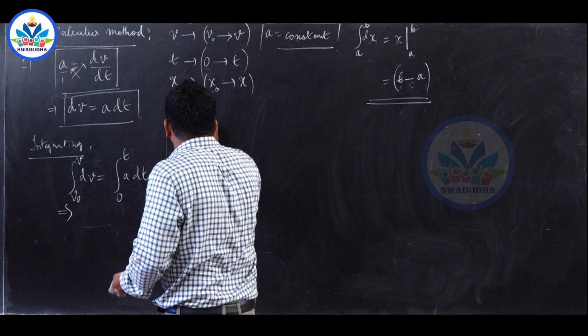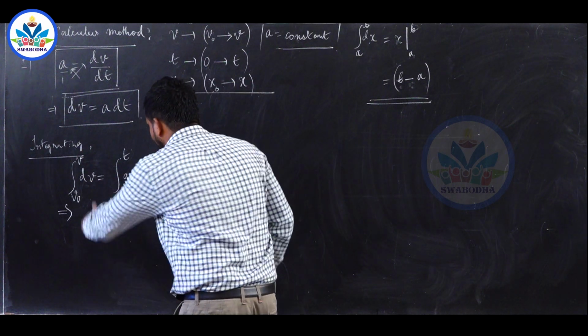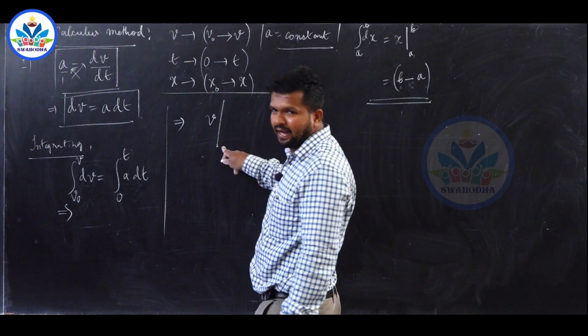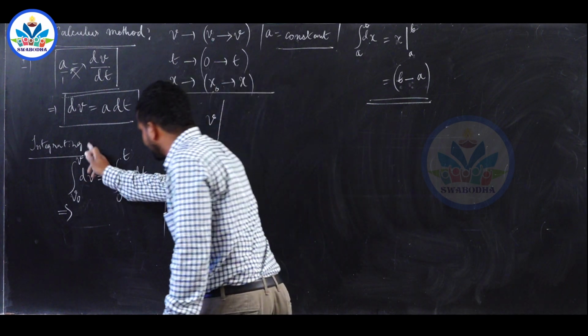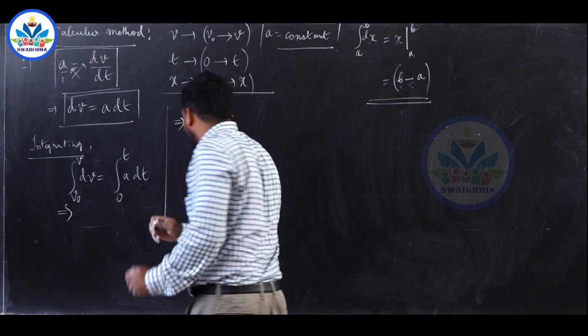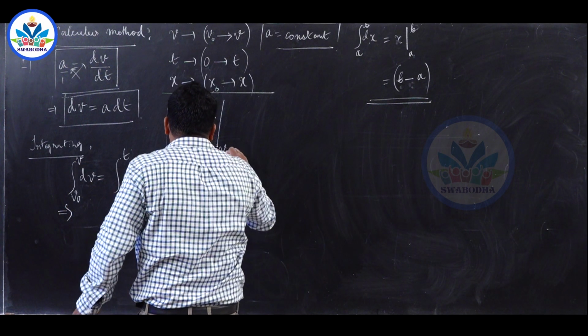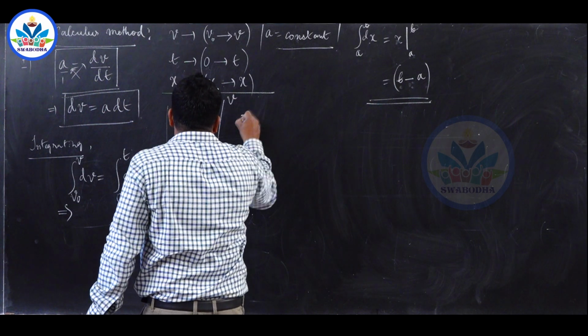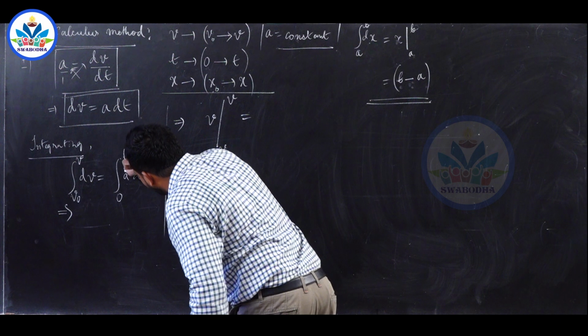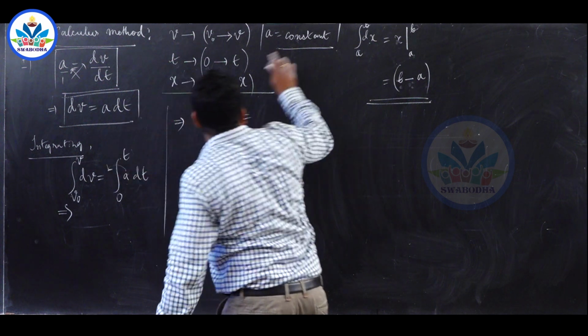Here you carry forward the same idea. Integration of dv will be v, evaluated from v naught to v. Don't put the integration symbol again; this is a straight line, not integration. Integration is like an elongated s, meaning summing, continuous addition. Here a is constant, as I mentioned.